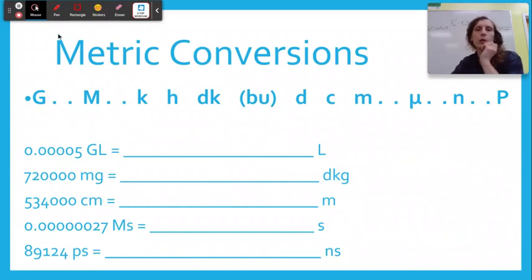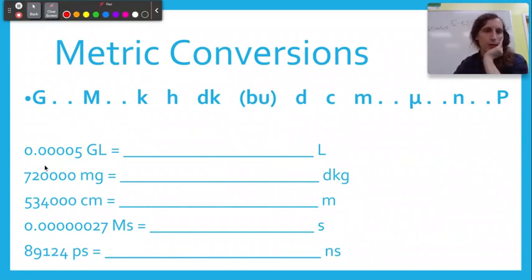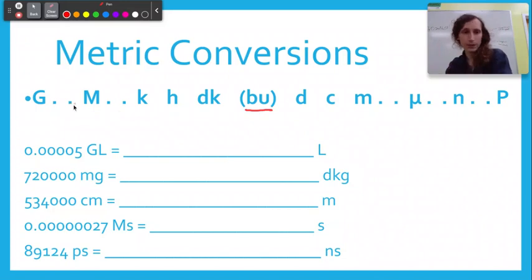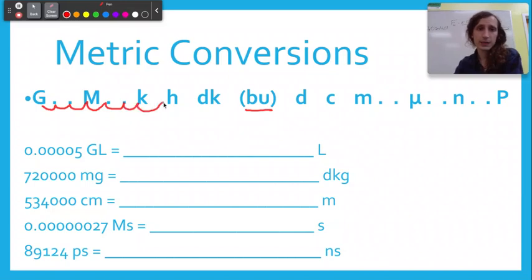Okay, so this question right here, we're going from gigaliters to regular liters. So regular liters means our base unit. So how many places do I move my decimal to the right? Well, I'm going to go 1, 2, 3, 4, 5, 6, 7, 8, 9. I'm going to go 9 places to the right. So if I move this decimal where it is, 1, 2, 3, 4, 5.